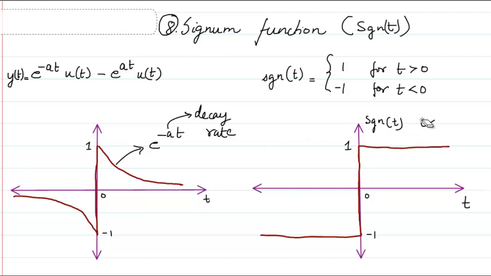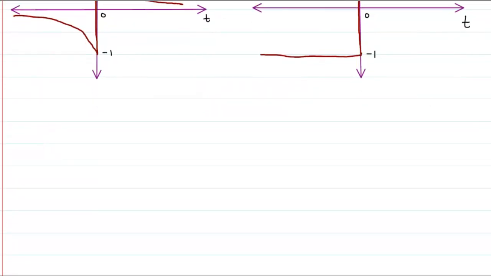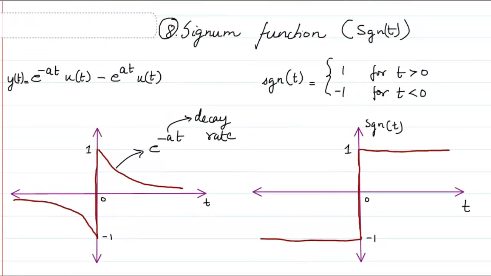So therefore the Signum function can be written as e raised to power minus at u of t minus e raised to power at u of minus t. Sorry, here it should be u of minus t.